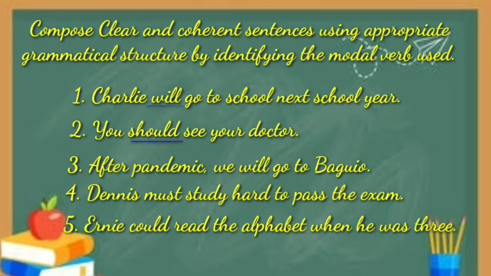After pandemic, we will go to Baguio. The answer is will. Correct. Number 4. Dennis must study hard to pass the exam. The answer is must. Correct. And number 5. Ernie could read the alphabet when he was 3. The answer is could. Very good.